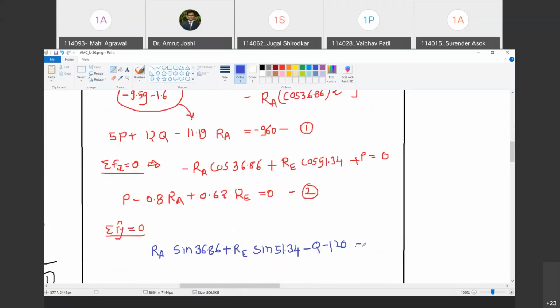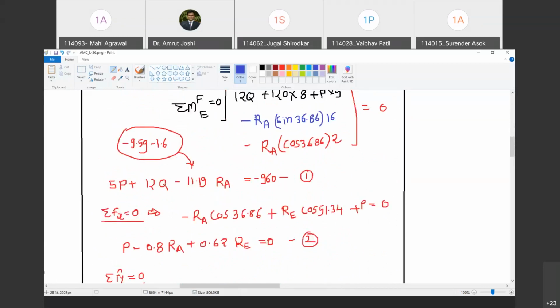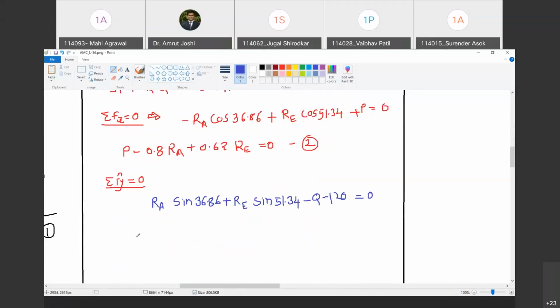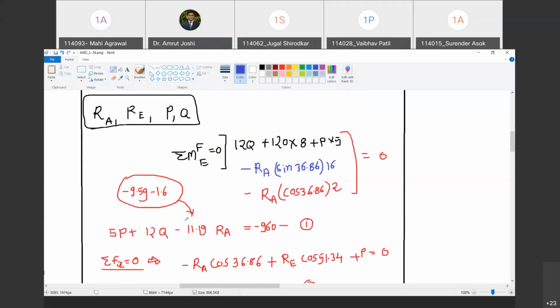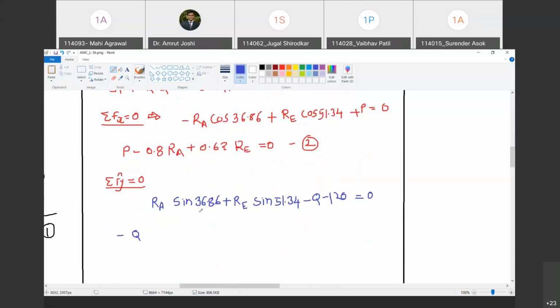Happy? Yes, sir. Let us arrange it in the sequence. Now this doesn't involve P. So after P we look for Q. So it involves Q. So therefore it is minus Q. Do you agree with me? Yes, sir. After Q we have RA. So can you tell me how much is sine 36.86? 0.6.